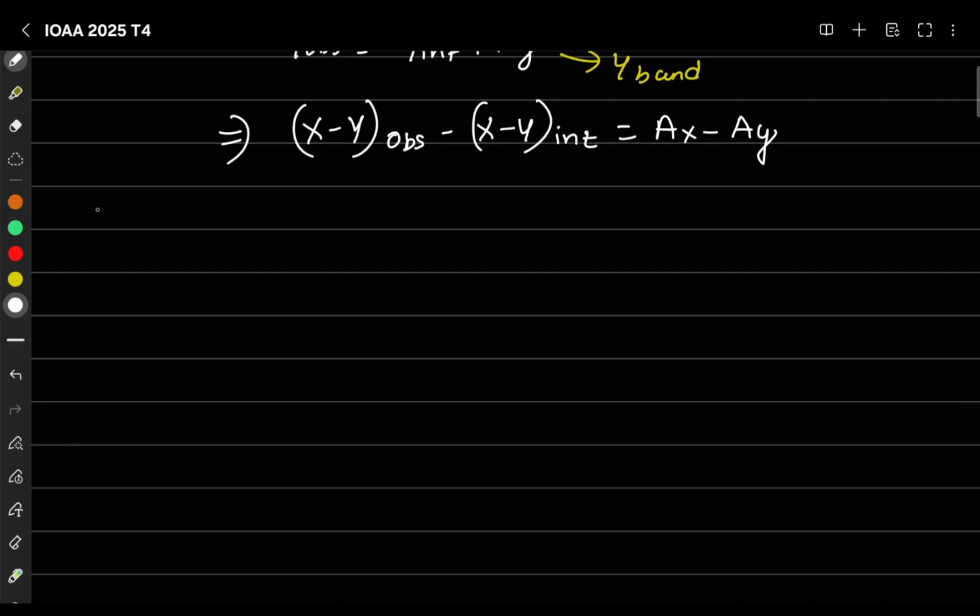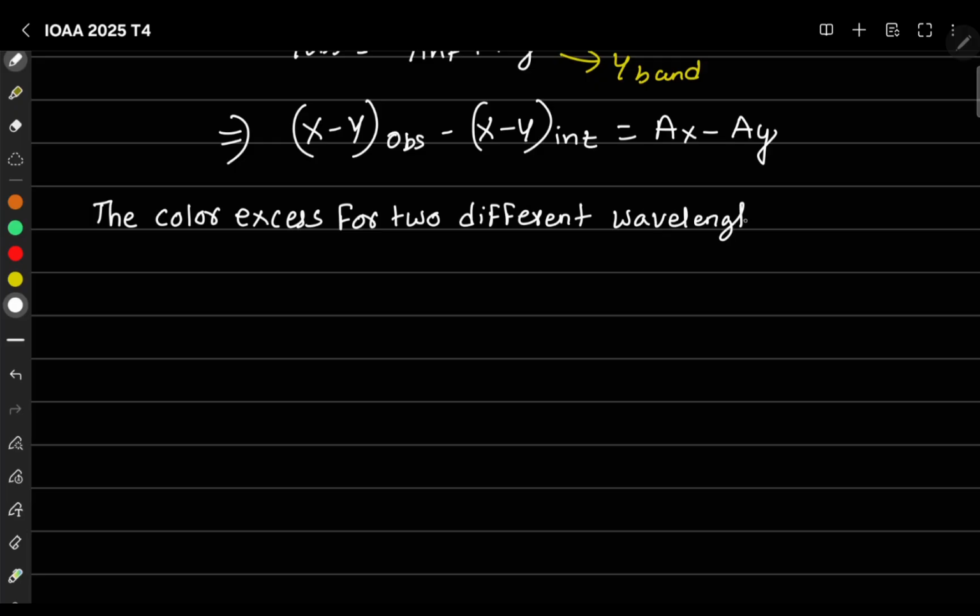There is an important relation that we get from that: the color axis for two different wavelengths is just the difference in their extinction.